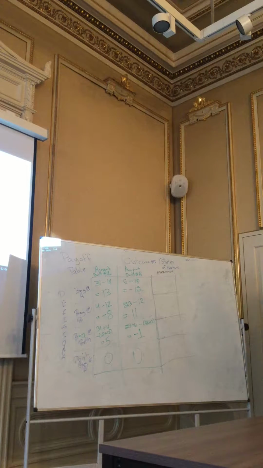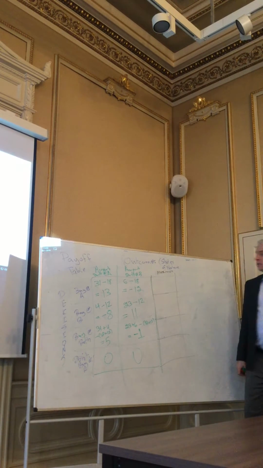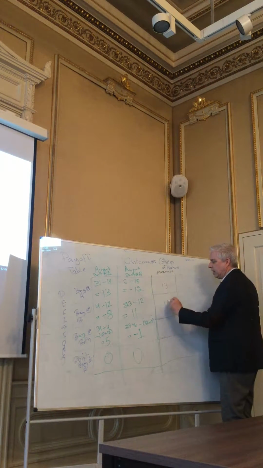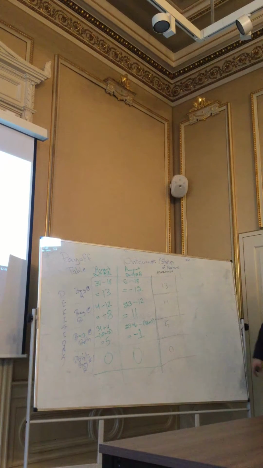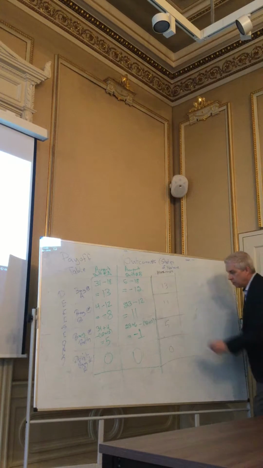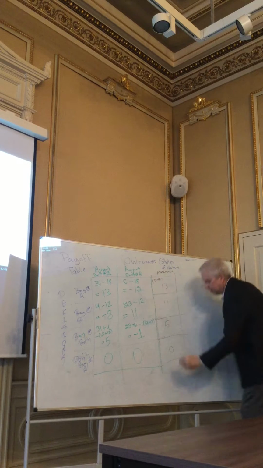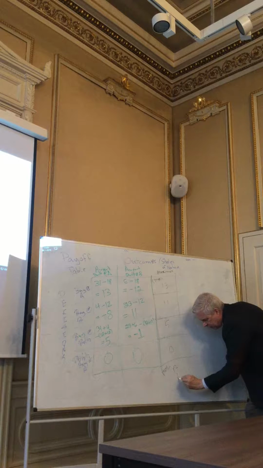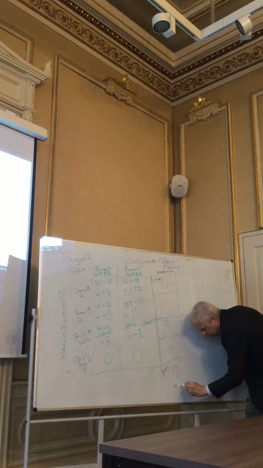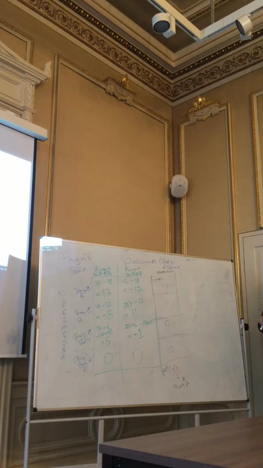You say, what's the best thing that can happen in every case? 13, 11, 5, 0. And of those best things, which is the highest? These are maxes, and it's the max of the max. So the max of the max is 13, so that would tell you to buy at A. Okay?